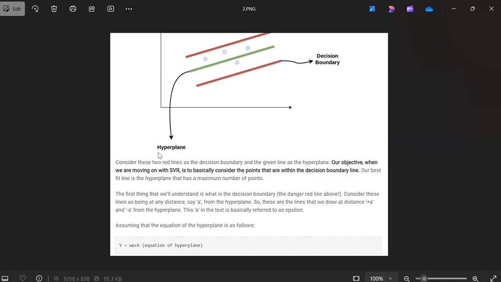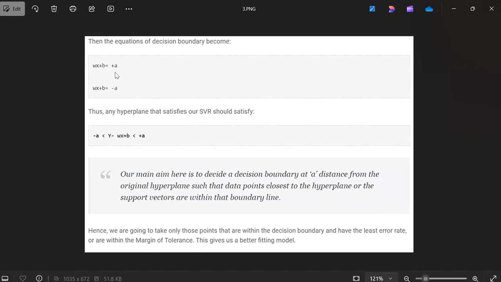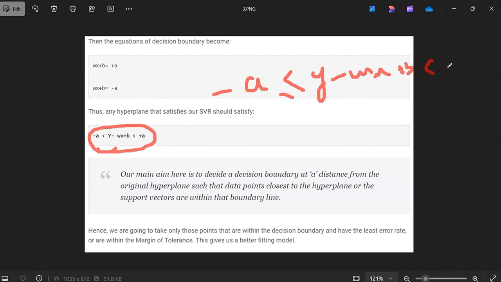Now go ahead and understand. In this case, Wx plus B equals positive A. Do you understand why we got positive A? Because one side of the plane is positive and the other side of the plane is negative. So can I fit my equation like this? Yes or no? Minus A is less than Wx plus B, which is less than positive A. Yes or no?